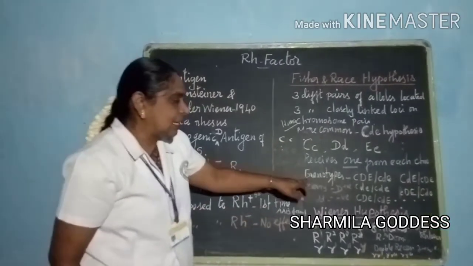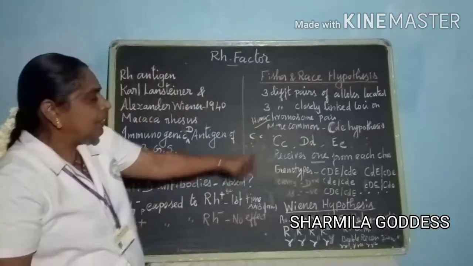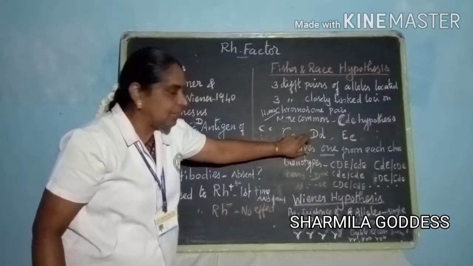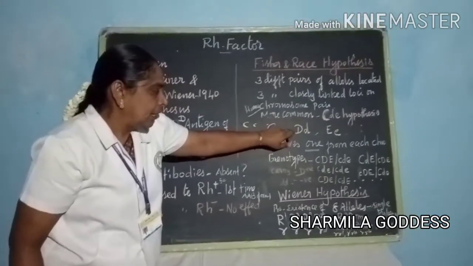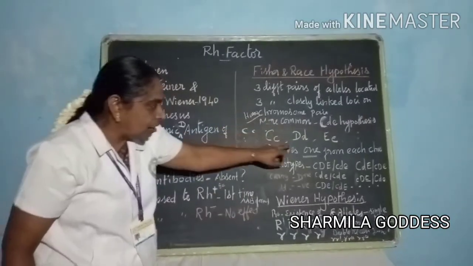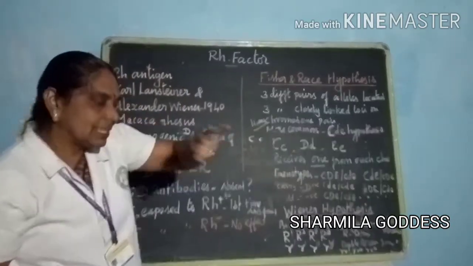For example, capital D is the dominant character and carries the dominant trait. The small d carries the recessive trait.